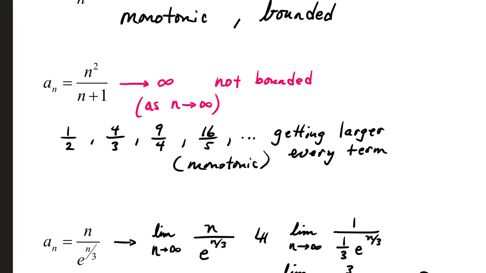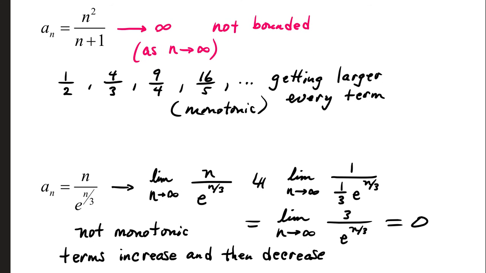Our third example, we did this one in class also. We have n squared over n plus 1. Now, since the numerator has a more dominant power than the denominator, this nth term will approach infinity as n goes to infinity. It's not bounded.